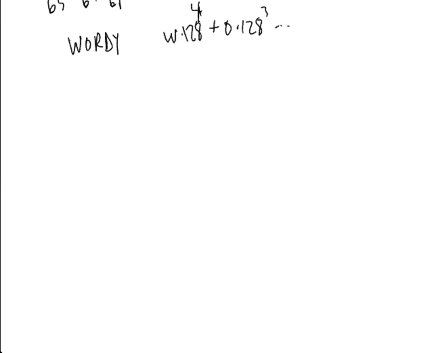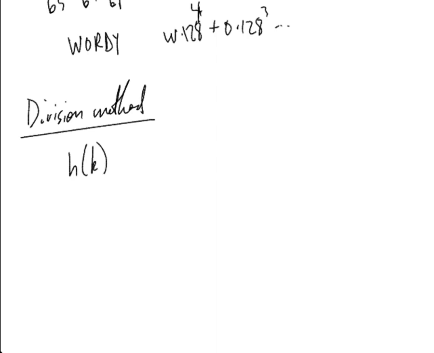So let's look at some hash functions. The first is the division method. This hash function looks like this. The hash of k is simply k mod m, where m is the size of the array.